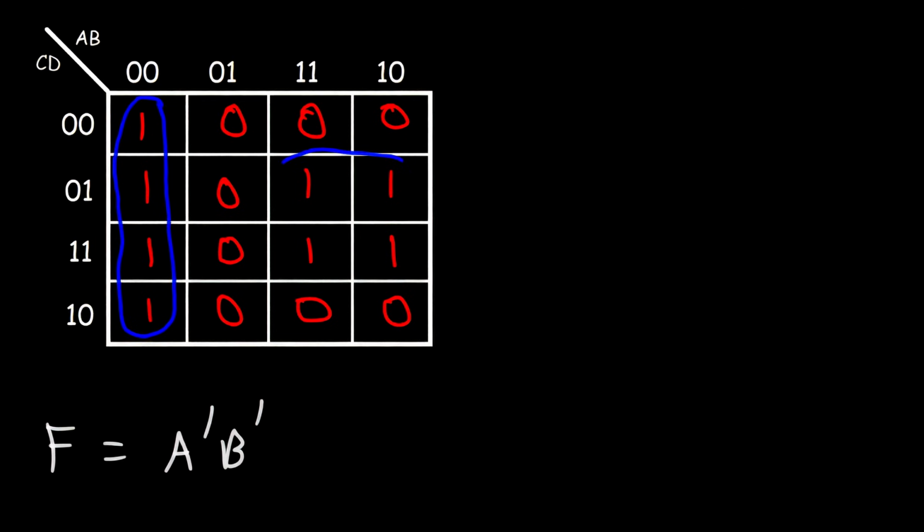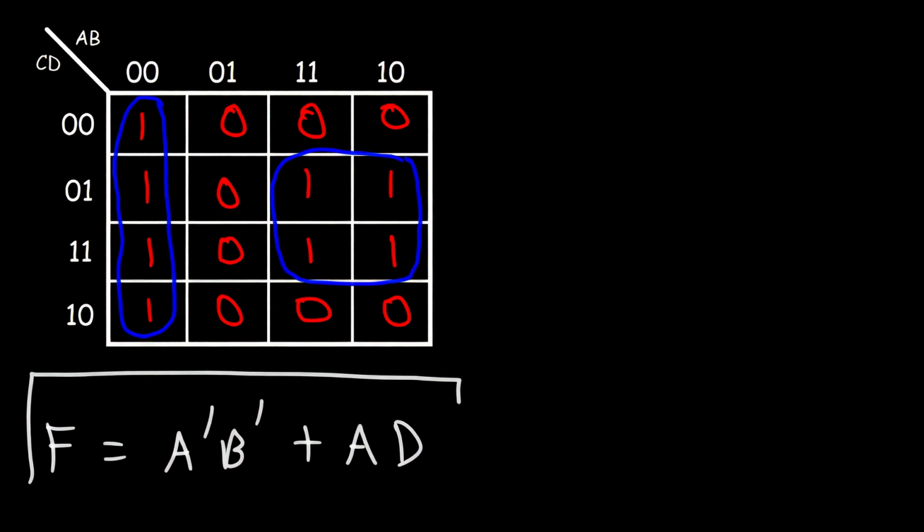Now the next selection, we can basically take a square of ones. So which variables are constant? Notice that A is always 1, so we're going to write A. B changes between 1 and 0, so it's independent of B. On this side, notice that D is always 1, so it's going to depend on D. C changes, so it's independent of C. So this particular function is represented by this equation.